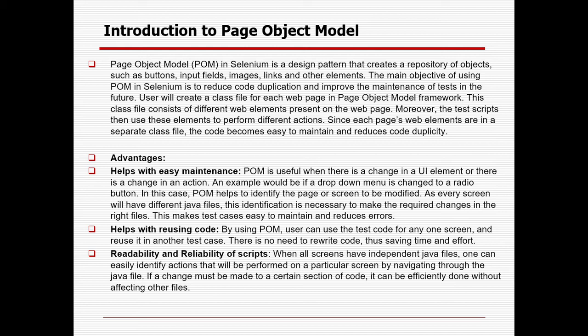So now instead of drop down selection, it will select the relevant radio button from the list of options. So we only update the relevant section of code without affecting other lines of code. That is the most important point. The main advantages are that it helps with easy maintenance, it helps with reusing code, and it helps with readability and reliability of the script.